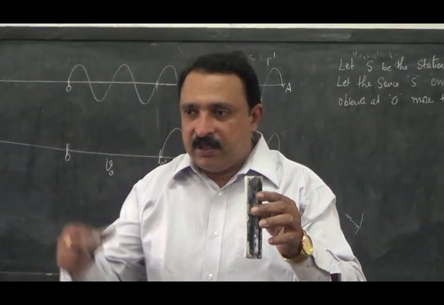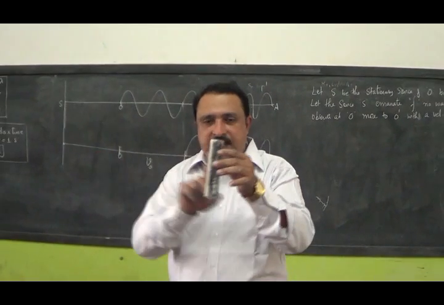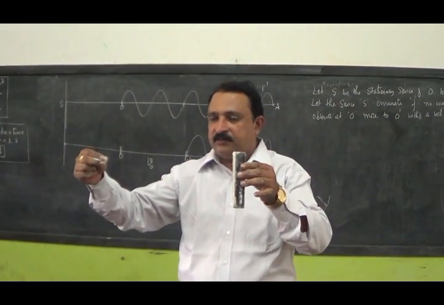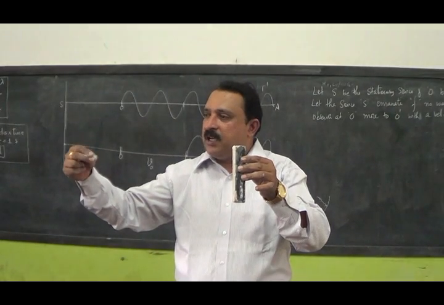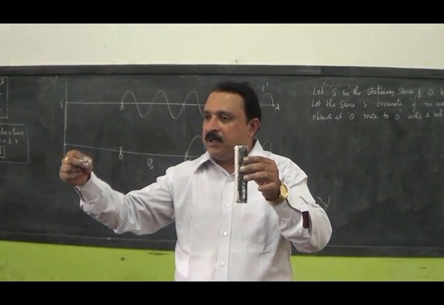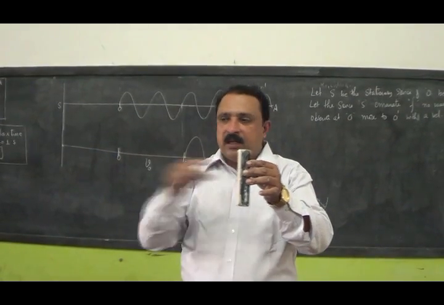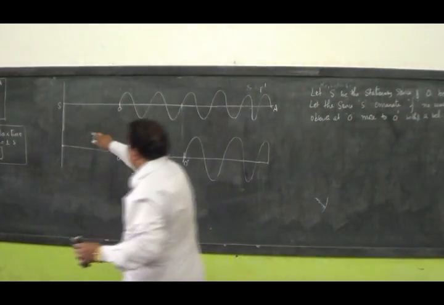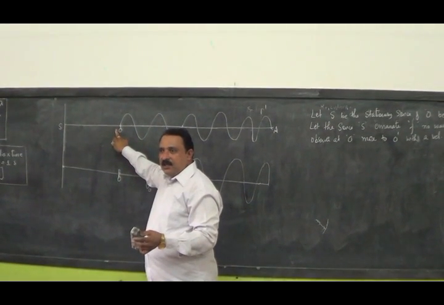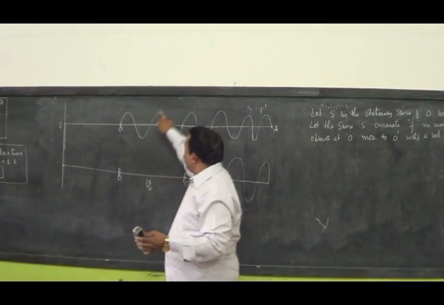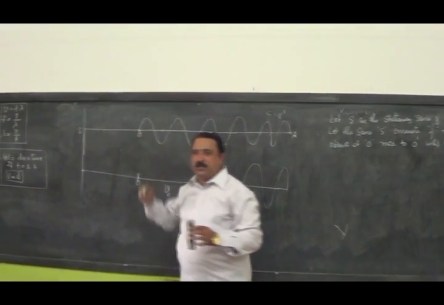Imagine the person is moving, this is the person, this is the source. Both of them were at rest in the beginning. Now this gave a siren. I have not shown anything here, but that is of no use for us. We are now talking about the sound that is perceived by the observer.